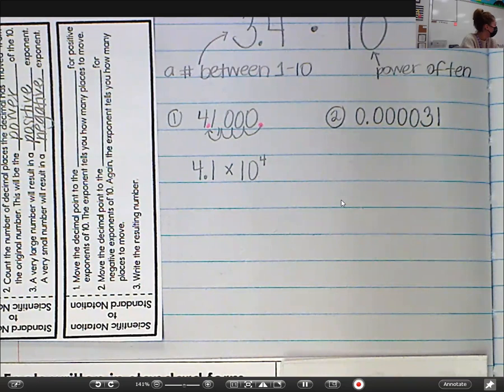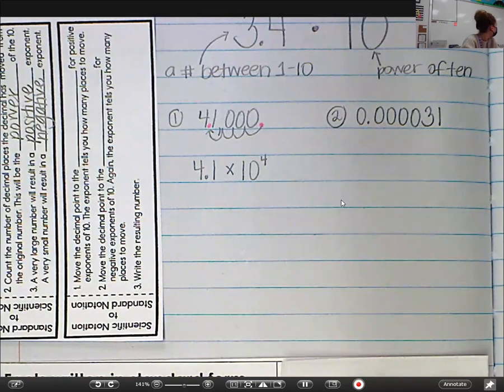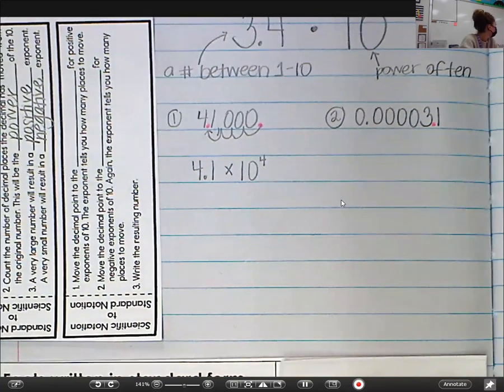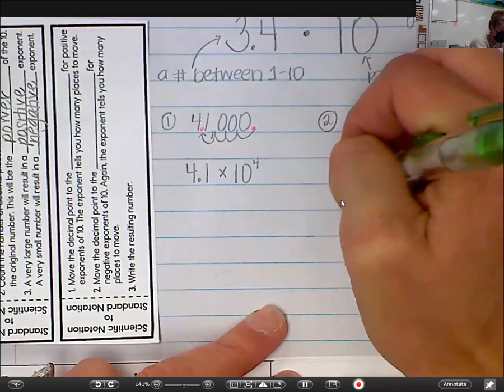So again, I ask you, where does the decimal need to go to create a number between 1 and 10? If I picked it up and chucked it somewhere else, there's only one place it can go. Where would that be? Yeah. After the 3, right? I'm going to move it here.